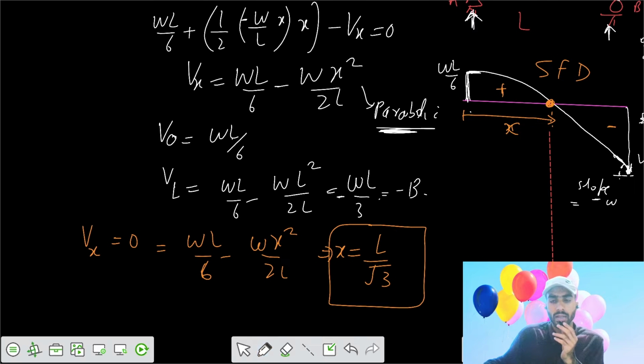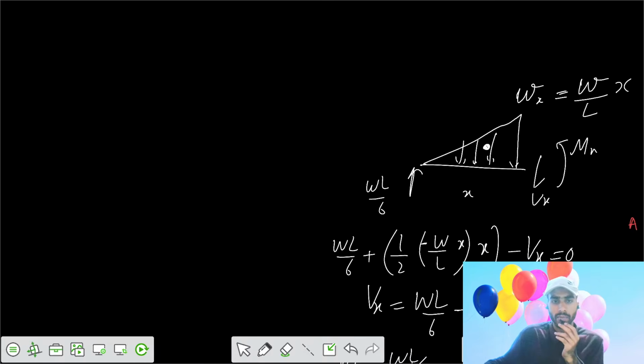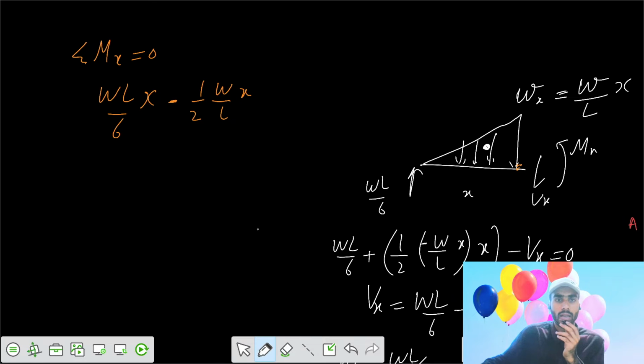Now we want to calculate the moment at x. Say summation of moments at x equals 0. So we can write WL by 6 acting in clockwise direction, WL by 6 into x, and the area of that triangle is half of W by L into x, and it was acting at x by 3 from your section x, and then moment x acting in anti-clockwise direction equals 0.